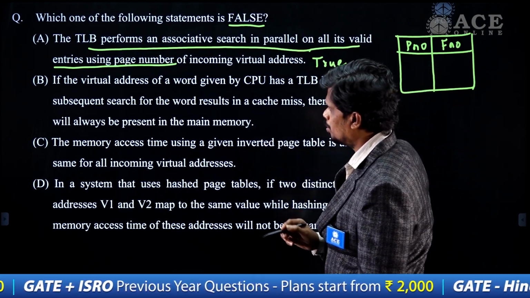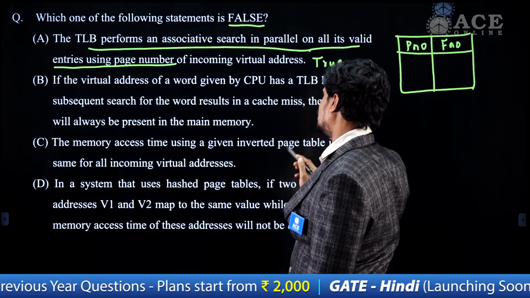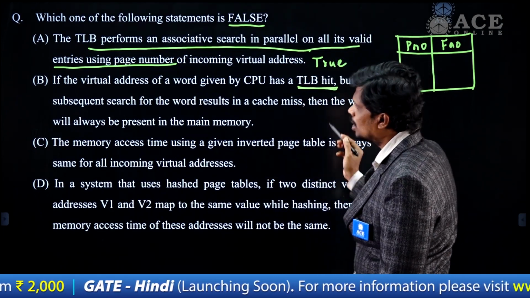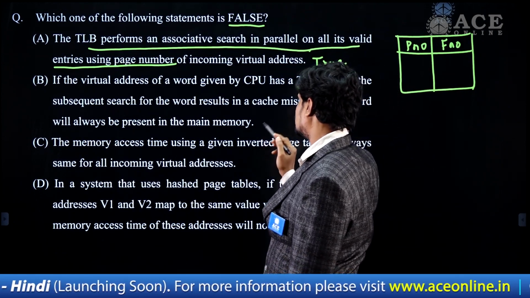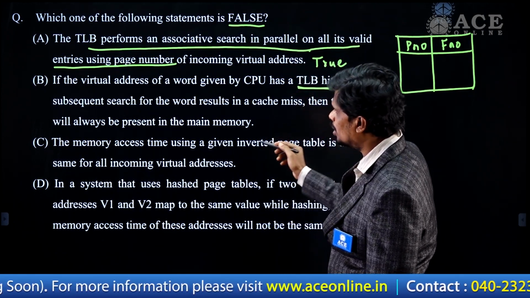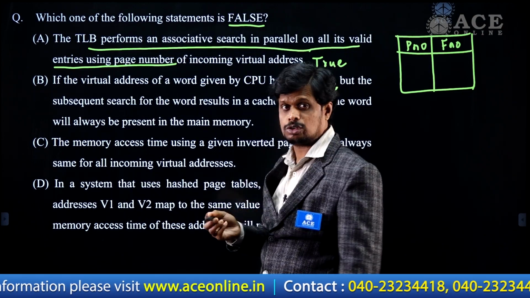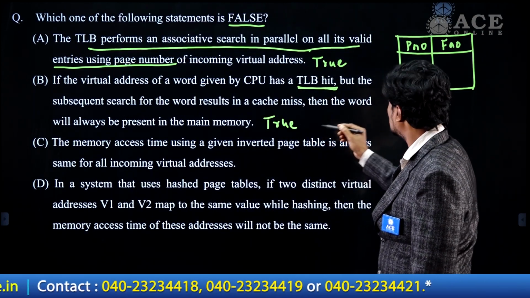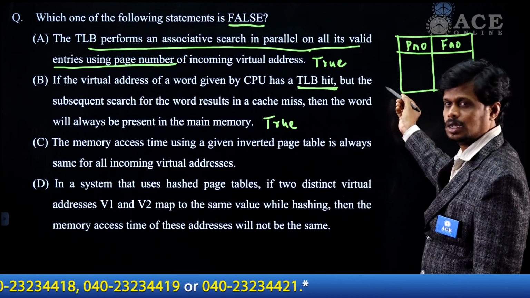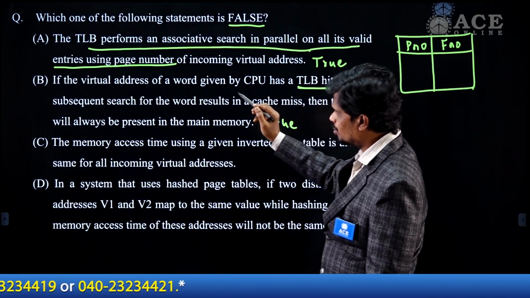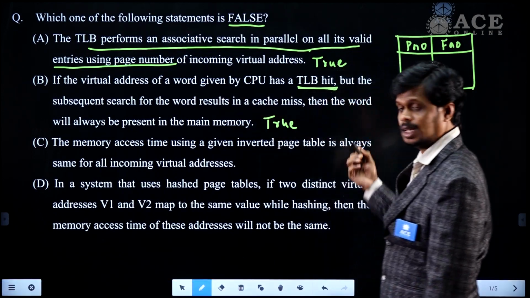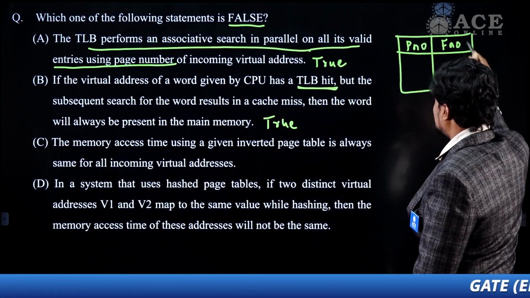Look at the next option B. If the virtual address of a word given by the CPU has a TLB hit, this is the crux of this question, but the subsequent search for the word results in a cache miss, then the word will always be present in the main memory. Is it true? Yes, it is also a true statement. Why? Consider the same TLB table. A TLB hit means it is part of the TLB table.